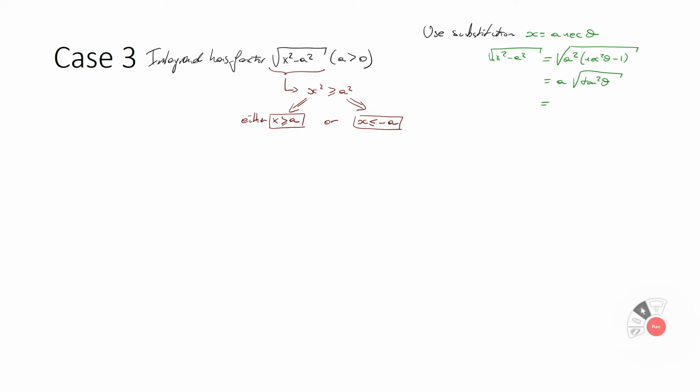The left hand side is a square root and therefore is positive, so we want the right hand side also to be positive. So here we need to take the absolute value of tan theta.